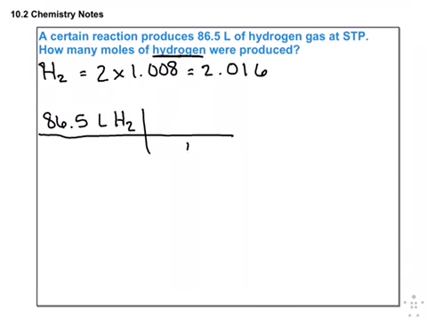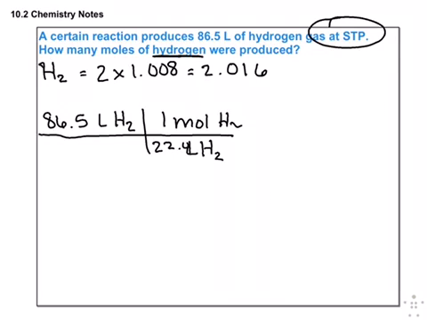So we need liters of hydrogen gas to cancel. The only possible ratio we have, we're at STP, so we can use it, is the 1 mole of hydrogen gas to how many liters? 22.4. Oh, I should have been paying attention.